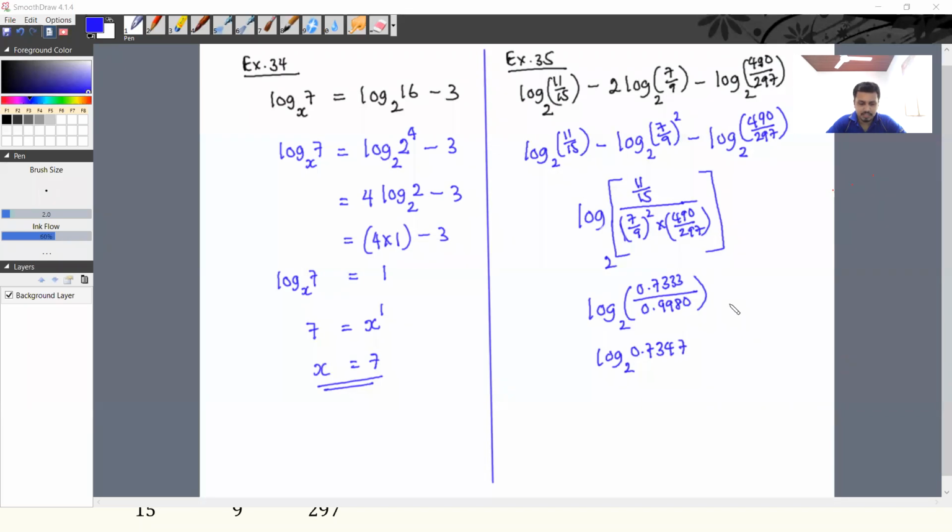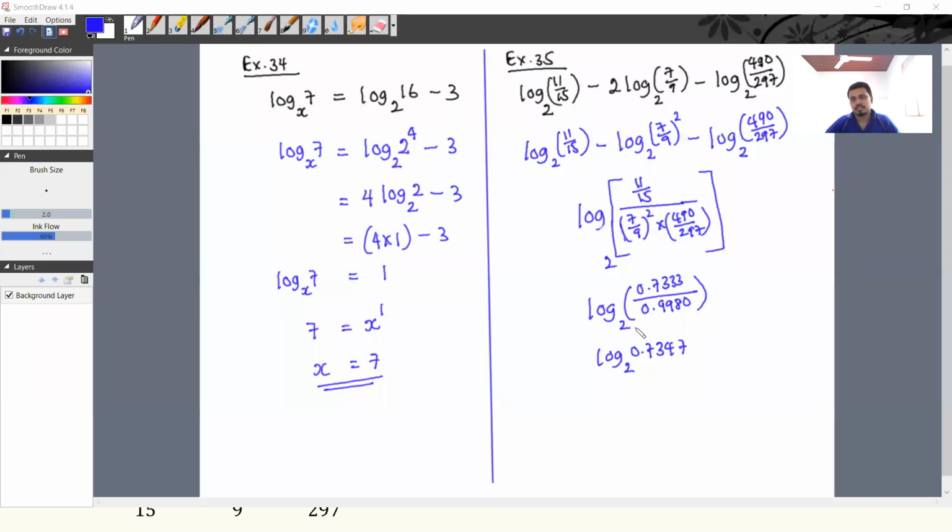Is it 11 over 15 divided by 49 over 81 into 490 over 297? No, it should be 0.7347. Right, 0.7347 to the base 2.